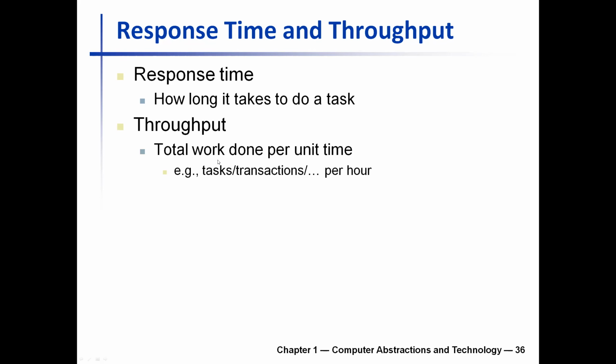Work could be programs or operations or instructions, right? At different levels, we can define work in different ways. So how many instructions can we complete per second is a way to look at performance using this definition, throughput, right? And of course, response time and throughput are related to each other.